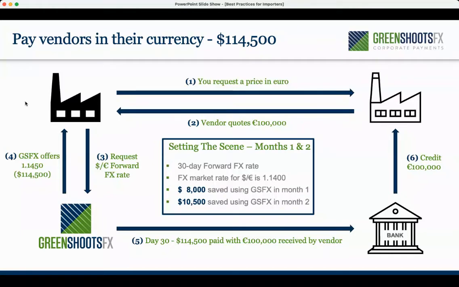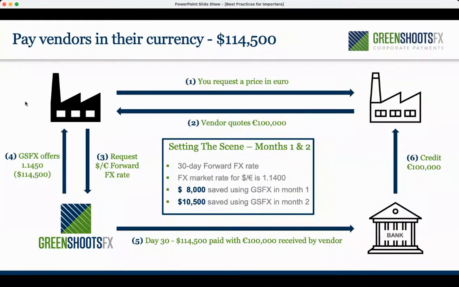And so if you are aware of what your monthly purchases are going to be throughout the year, you can hedge each month today. And so in our example here, if on day 1 you would have hedged the next 2 months, you would have saved $8,000 in the first month and then $10,500 in the second month, because you would have been paying 1.1450 in month 1, and the same again pretty much in month 2, potentially months 3 and 4.